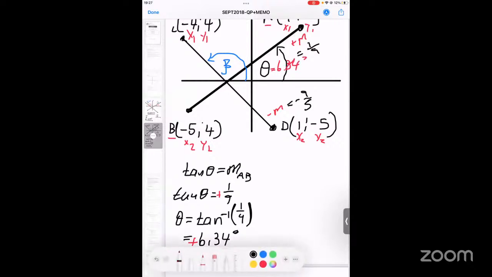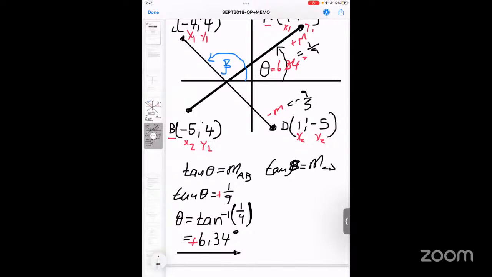So now, let's see what we get when we calculate the angle of inclination. It's actually beta there for the gradient of line CD. So now we say tan of angle beta equals the gradient of that line. We got it to be -9 over 5. So angle beta is equal to tan inverse -9/5.